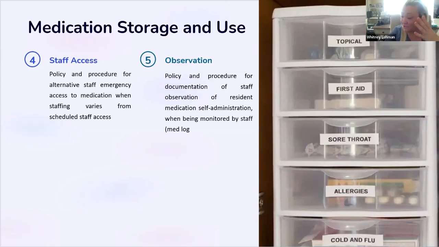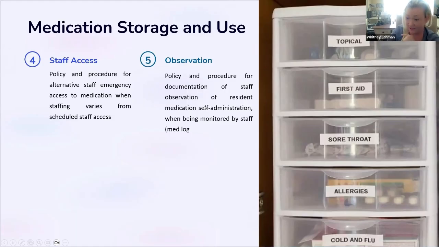Again, when it comes to being staff held, we need to see the observation policy and procedure and documentation of such. Obviously, medications would need to be self-administered, and staff would just observe them unless you have qualified staff that can administer medications.